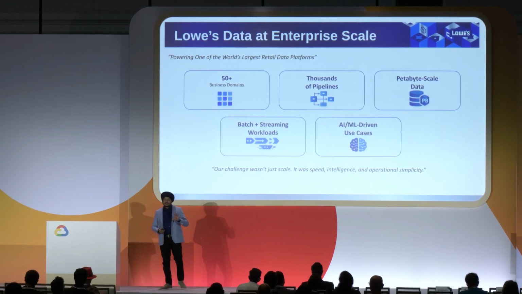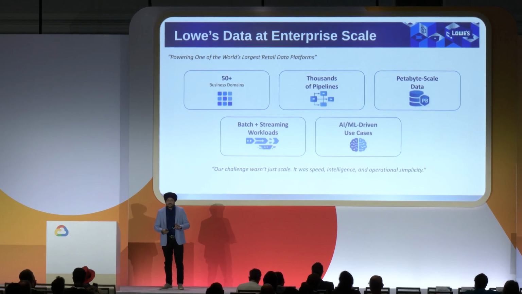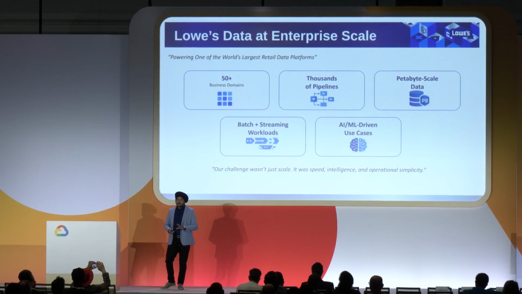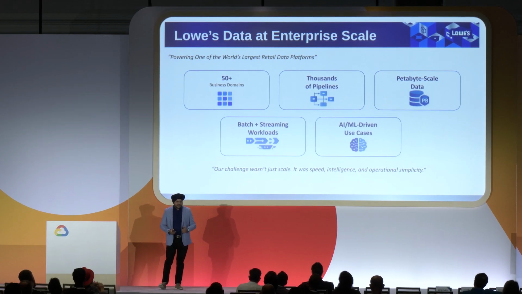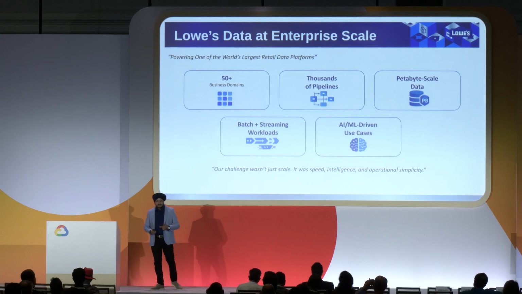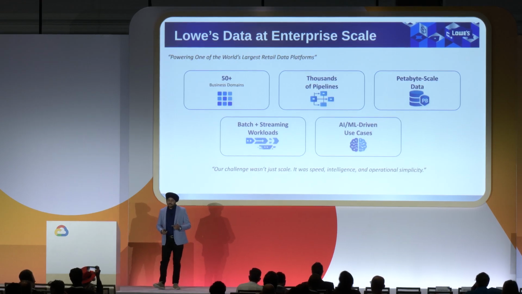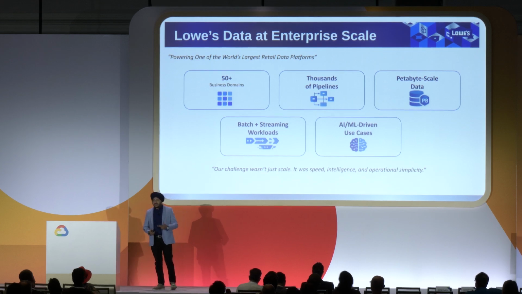In the complex on-prem system, we did not have clear segregation of custodianship, data mapping, and all. So right now, we operate with 50 plus cross data domains, thousands of pipelines, petabyte scale of data. We have batch pipelines, streaming pipelines, and AI workloads running together.